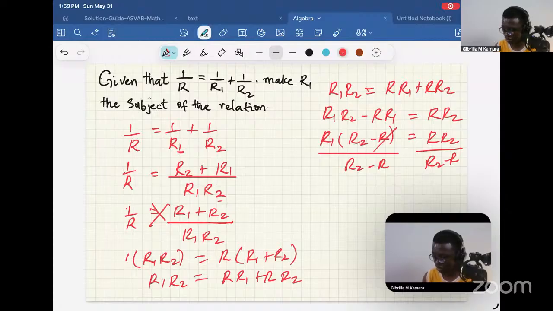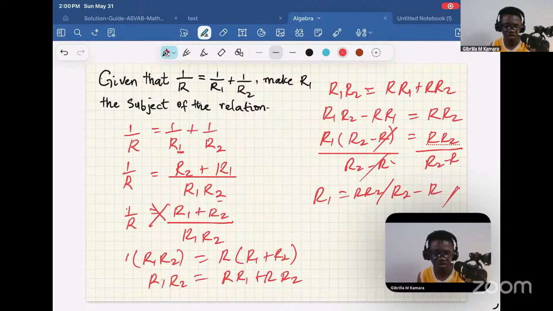This and this go. You have your r1, which you are looking for, as r r2 divided by r2 minus r. So that becomes your answer. Okay.